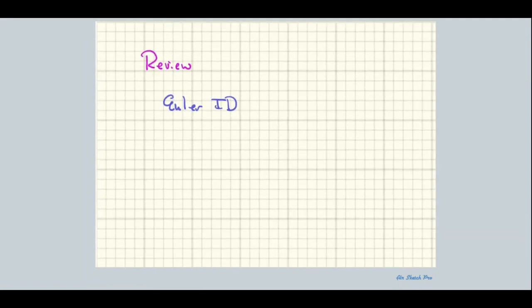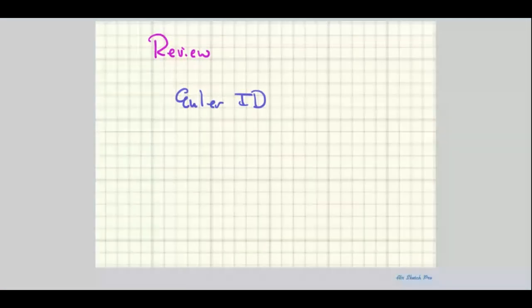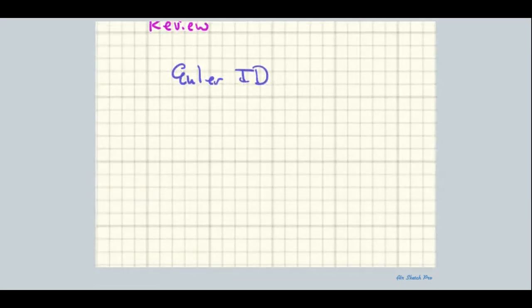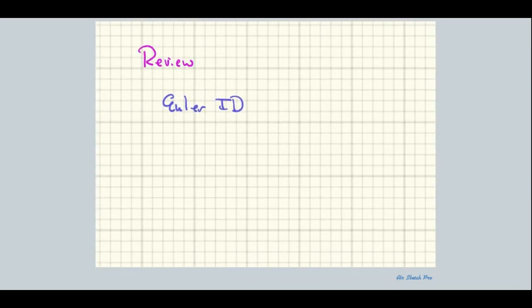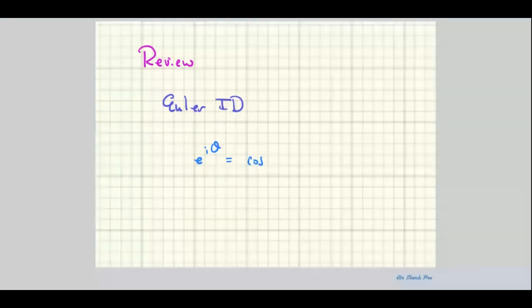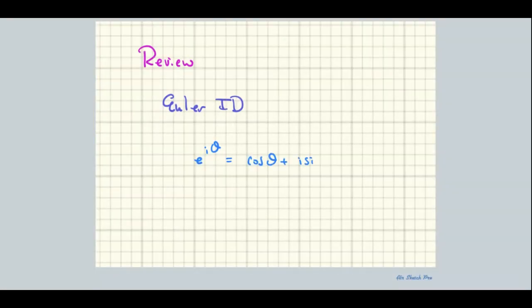And remember, the Euler ID is given by e to the i theta is cis theta. Okay, which I then abstract out as cosine plus i sine for theta, which I can then multiply by cosine plus i sine for phi.